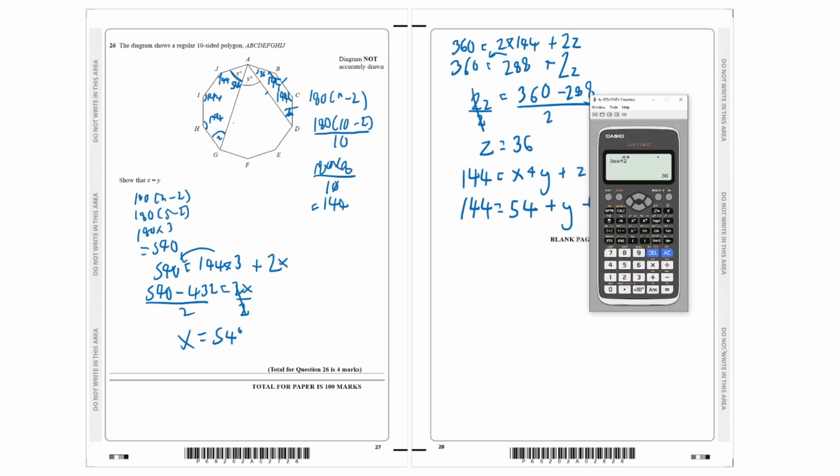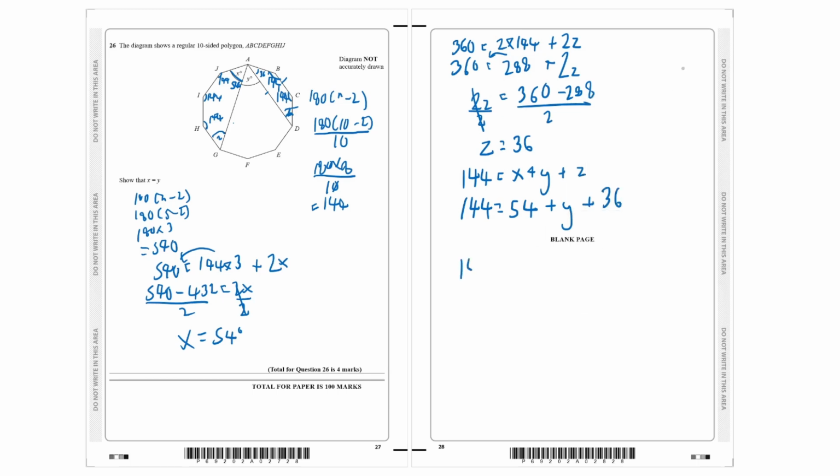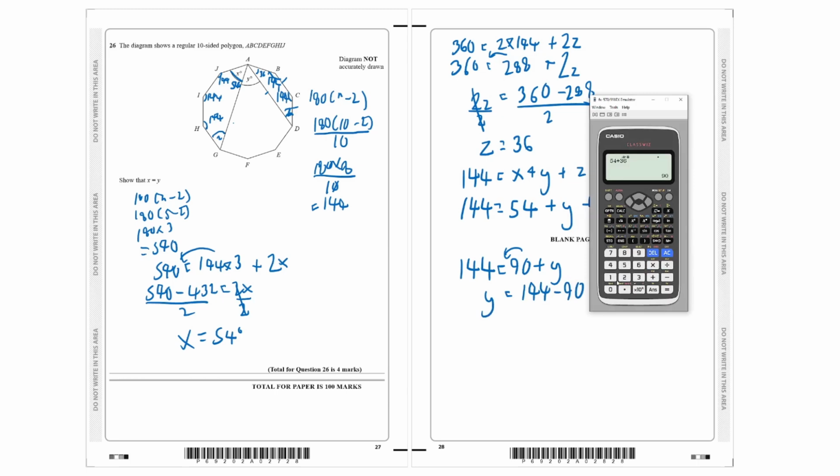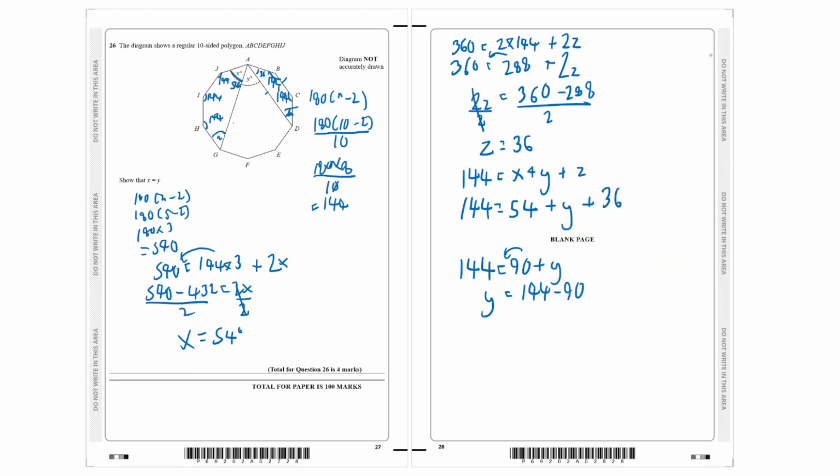So we have 54 plus 36 gives us 90. So we have 144 is equal to 90 plus y. We can then bring 90 to the other side. We have y is equal to 144 minus 90. And we can see here that 144 minus 90 is equal to 54. Y is equal to 54. X is also equal to 54. Therefore, y is equal to x.